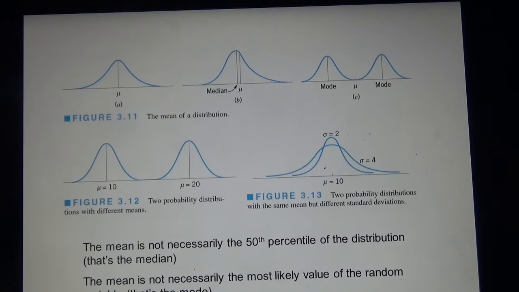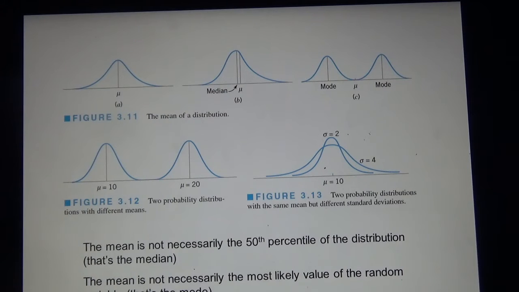We see it in A. But in B, we see that the median is not the same as the mean, the average value, so there is some kind of skewed distribution. In C, we have as if two different distributions, and each of them has a different mode. We will work with these kinds of situations.